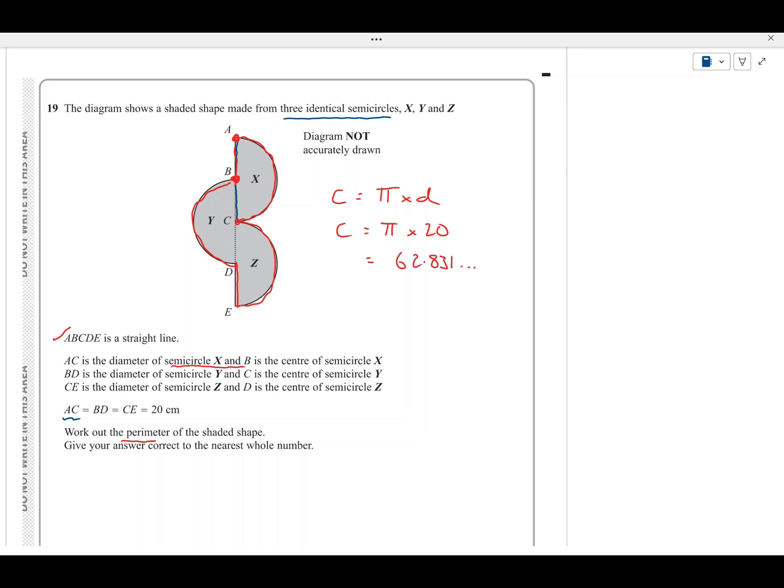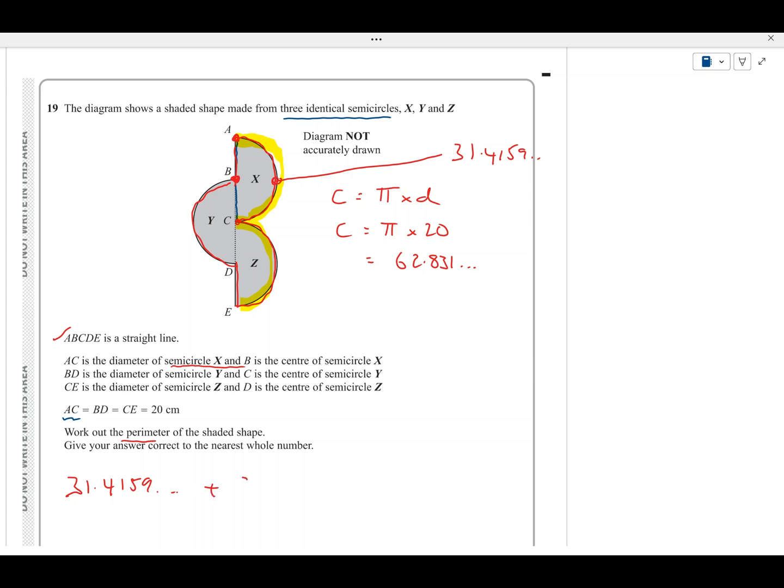So half a circumference, which is that bit there, divide that by 2, and I get 31.4159 and so on. So let's work out this then. That's going to be 31.4159. That's another 31.4159. So that's 2 of those so far.